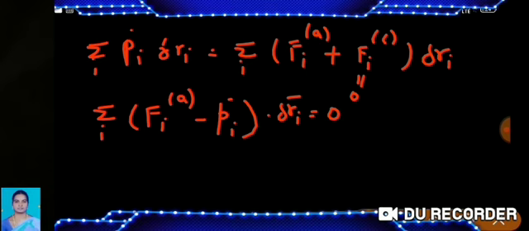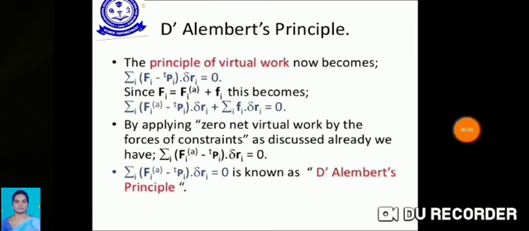We know that the virtual displacements for each particle, del Ri, are not independent of each other, so I can't simply write that this bracket becomes 0. So the D'Alembert principle becomes summation over i of Fi^A minus Pi dot, dot del Ri is equal to 0, which is known as the D'Alembert principle.